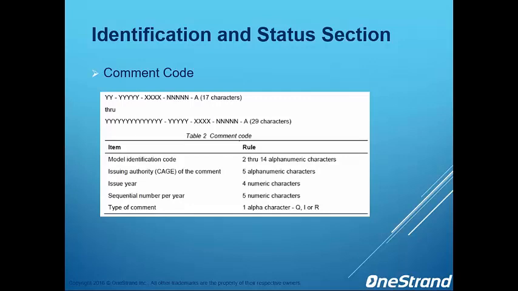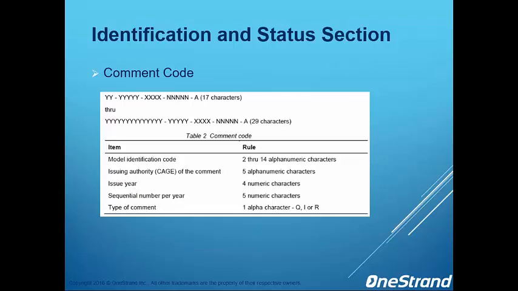You already know that, and that makes sense, right? It's about the project. You're then going to have your CAGE code, the organisation issuing the comment information. We then have the year, and a sequential number for that year. So we're going to need some sort of method to manage all of that.